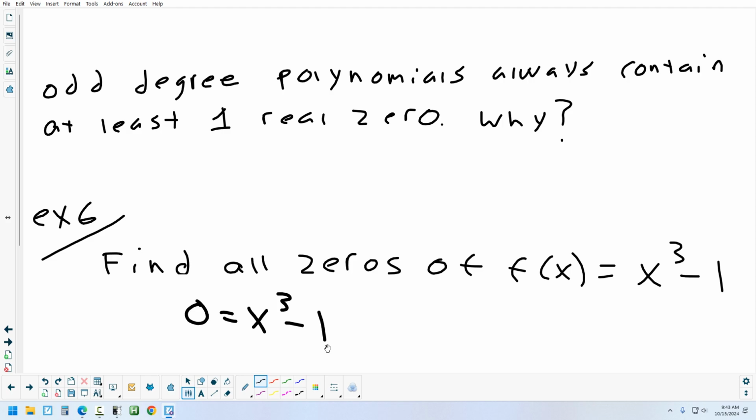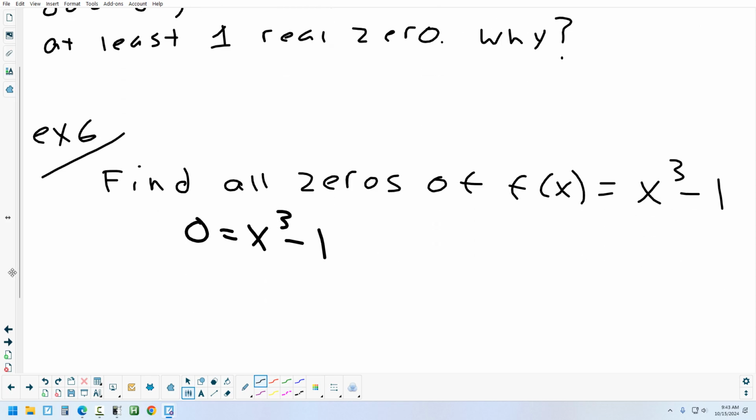We found all the roots. So another way to think of that equation, you could add 1 to both sides. And if you thought of it that way, instead of the way we did it, what would you need to do on both sides now to get x alone? Yeah. Cube root. Right, you take the cube root of both sides.